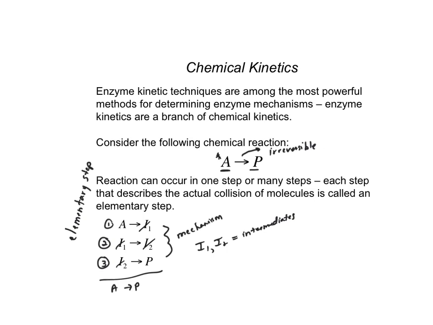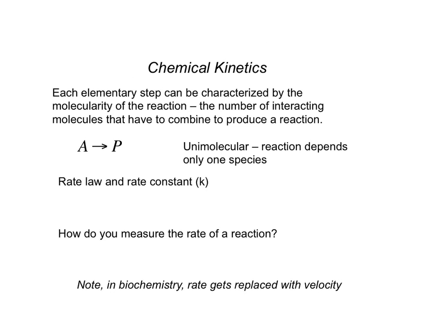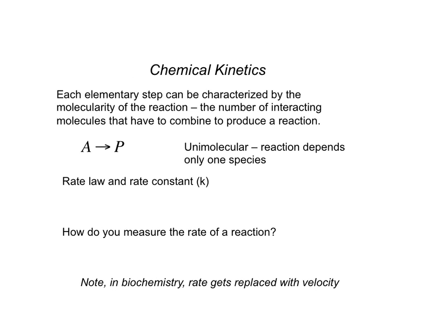All right, so next. So how do we measure reaction rates? So let's say that, again, we have this little reaction, A going to P, and I make my little drawing out here because I'm preparing for how I'm going to explain this. What is a rate?